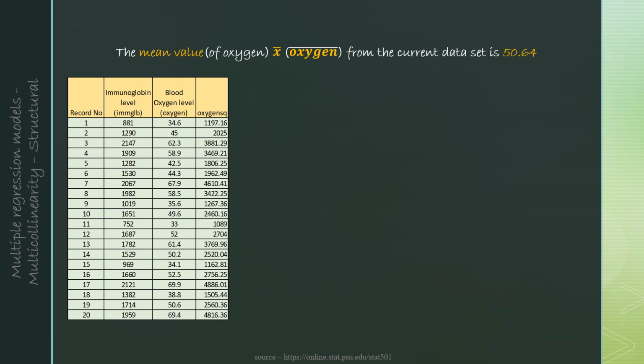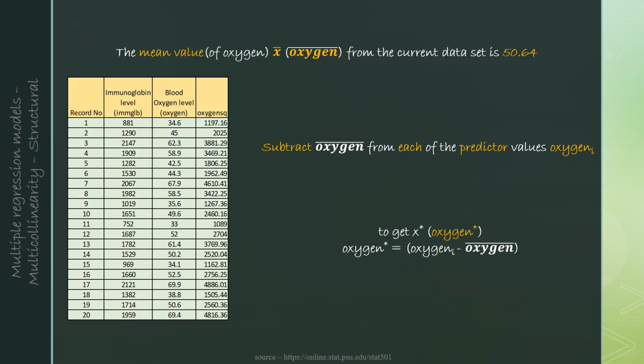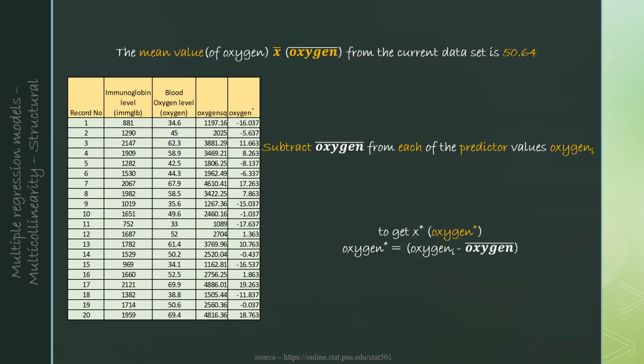The mean value of oxygen, oxygen bar, from the current data set is 50.64. Subtract oxygen bar from each of the predictor values oxygen i to get oxygen star, where oxygen star equals oxygen i minus oxygen bar.